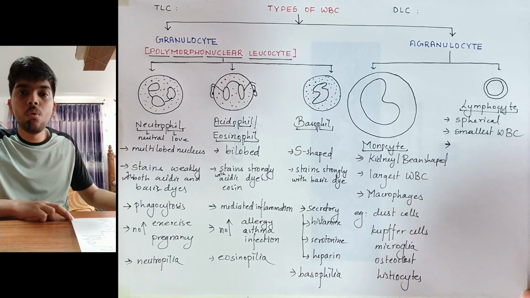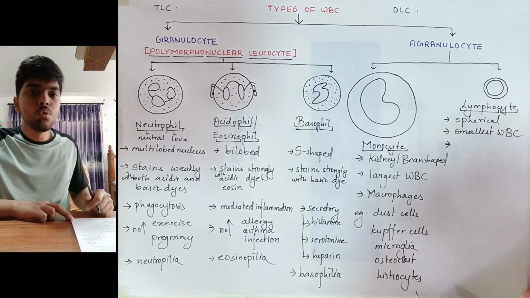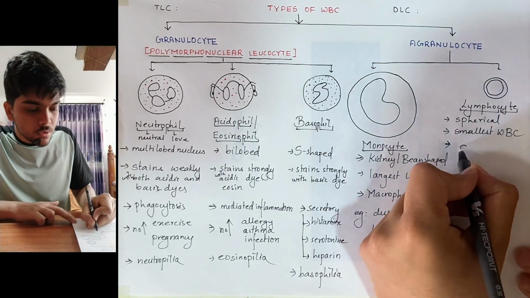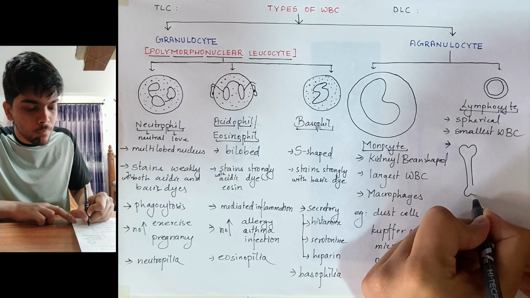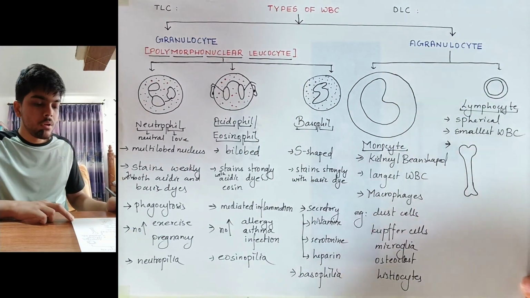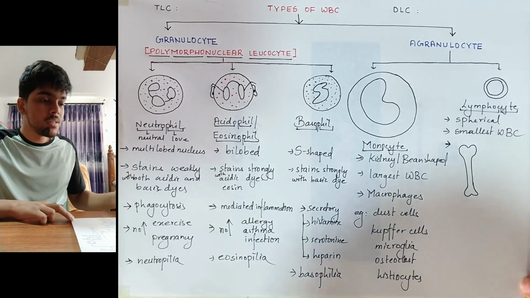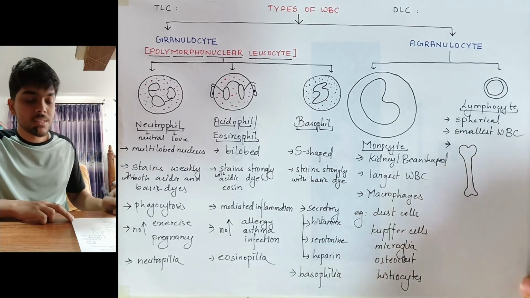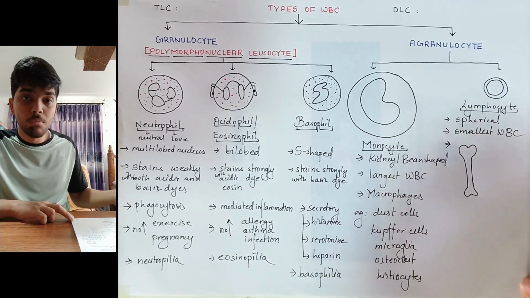Next, function. Now, the function of lymphocyte varies on the basis of which lymphocyte we are talking about, because lymphocyte itself is of two types. So here's your bone. This bone contains a bone marrow cavity, inside of which there's your bone marrow. Bone marrow goes through the process of hemopoiesis or leukopoiesis and forms blood cells or WBCs.